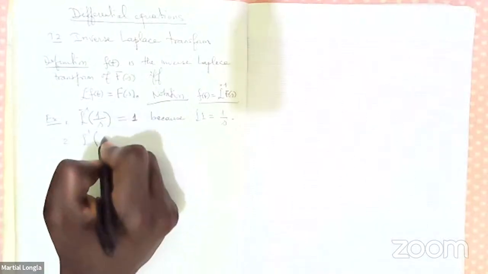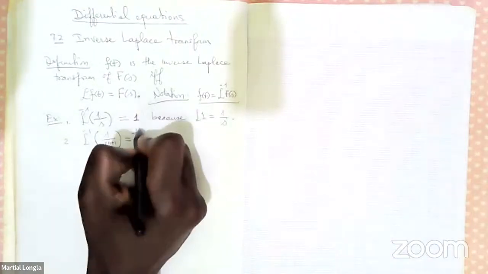The inverse Laplace transform of 1 over s to the n plus 1 is equal to t to the power n, this time divided by n factorial. Why?